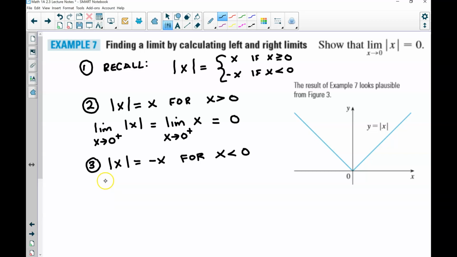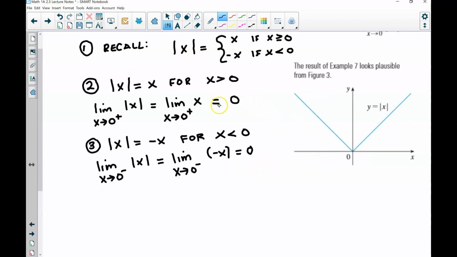We can say that the limit as x approaches 0 from the left of the absolute value function is going to equal the limit as x approaches 0 from the left of negative x, and we can see that it also approaches 0.